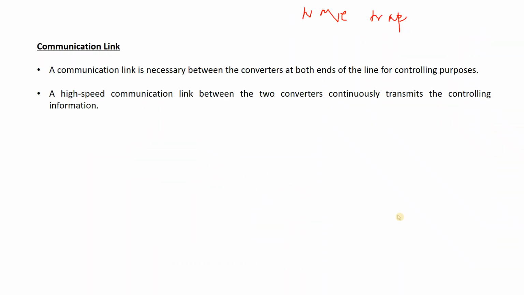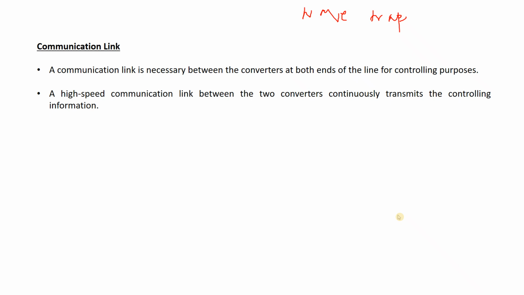So what are wave traps? Wave traps are actually filters. In an AC transmission line, we know the fundamental frequency traveling is 50 Hertz. Other than that, megahertz communication frequencies are also transmitted. That means the conductor is also used as a carrier of communication signals.